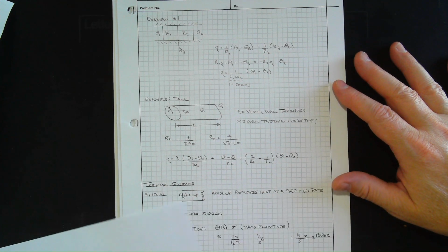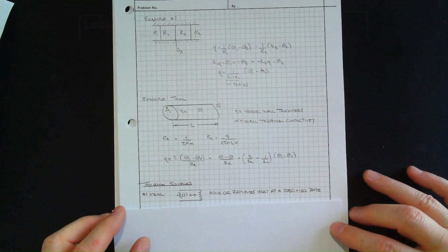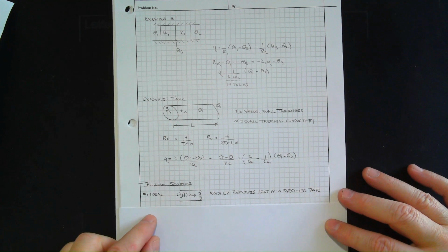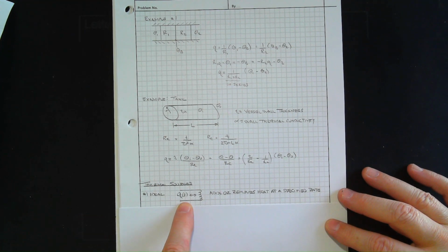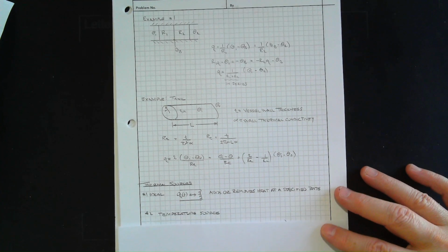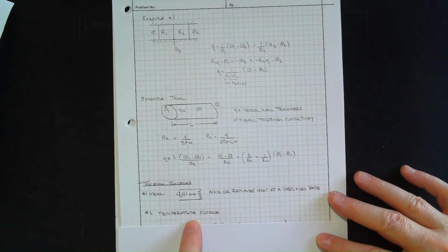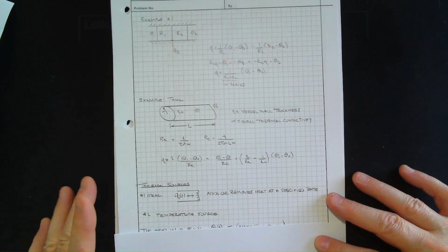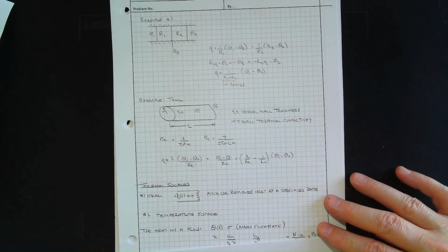We'll take a moment and notice that we will generally be dealing with two kinds of sources. An ideal heat supply source, or taking heat out as the refrigerator would do. So an ideal heat source either adds or removes heat at a specific rate. And then you can have an ideal temperature source, which keeps things at a very specific temperature.